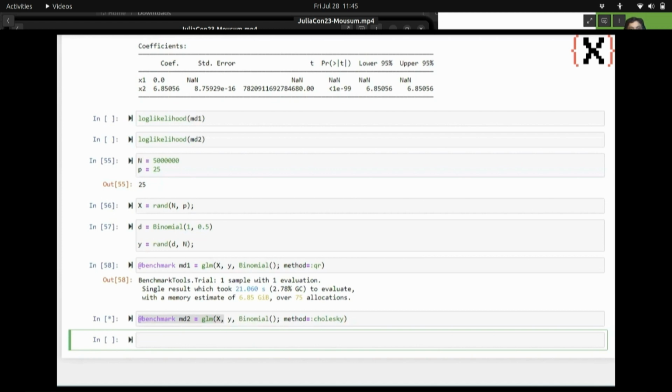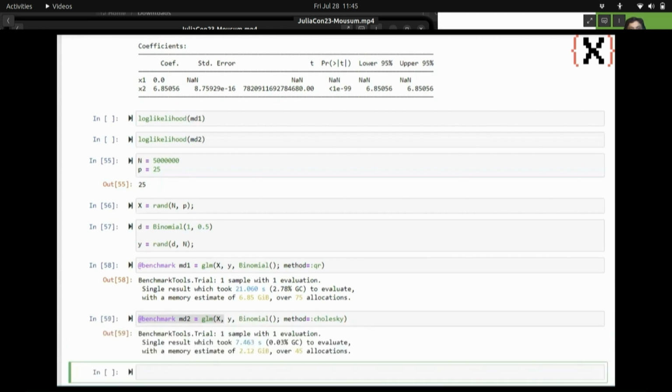Now let's wait for Cholesky decomposition. Yes, it is finished. You can see that only 2.12 GB RAM is required, and the time is 7.467 seconds, so almost one third.